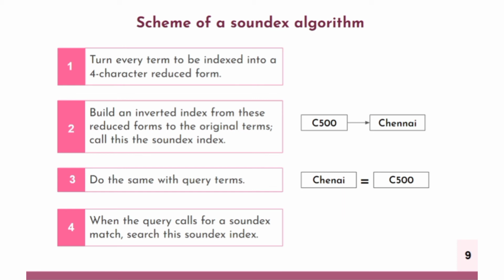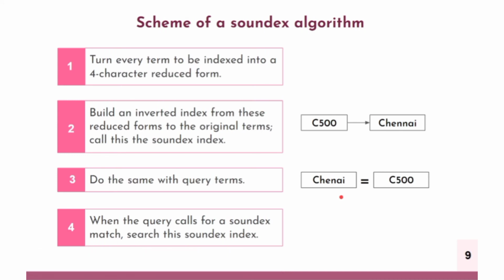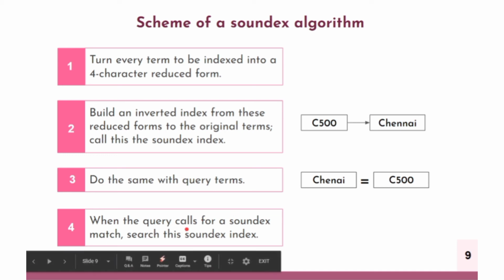Now coming to the search engine part. In the search box, when the user types in a query, let's suppose the user types in this query, CHENAI. What we now do is we calculate the phonetic hash of that particular query term. Next, when the query calls for a Soundex match, we search this Soundex index.